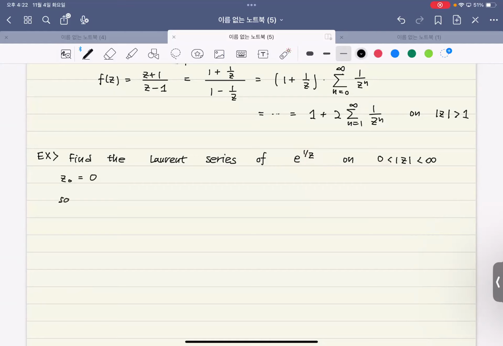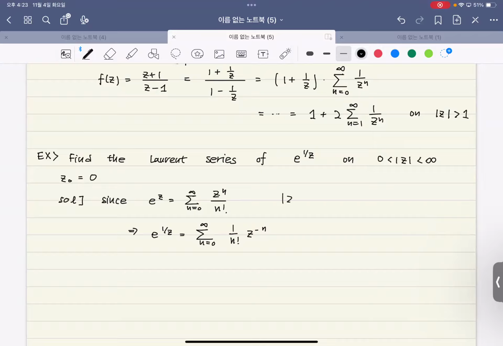Now, the question is, how can I get this Laurent series, which is very easy? Well, we already know the power series of the exponential function. Therefore, due to the uniqueness of the Laurent series, we get the sum of 1 over n factorial times z to the minus nth power.